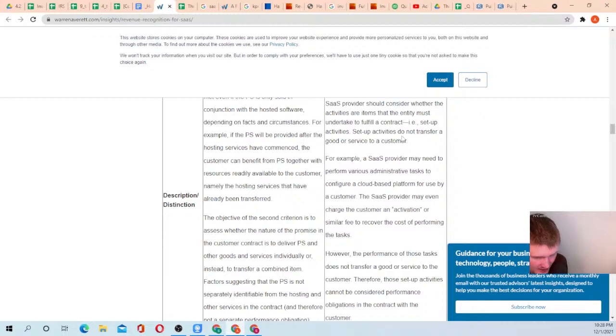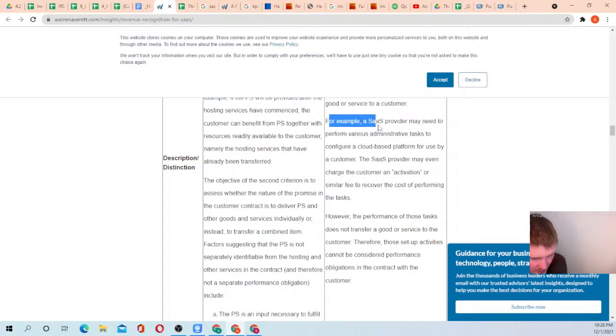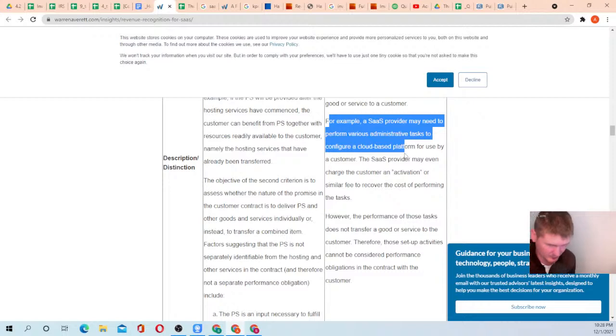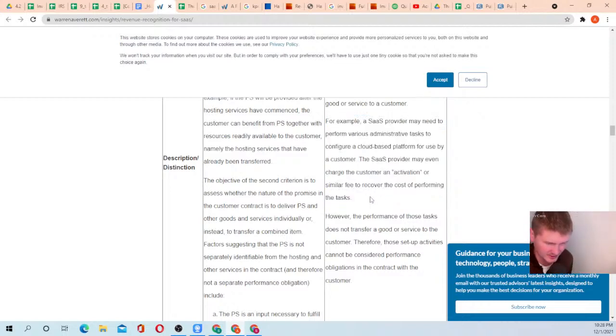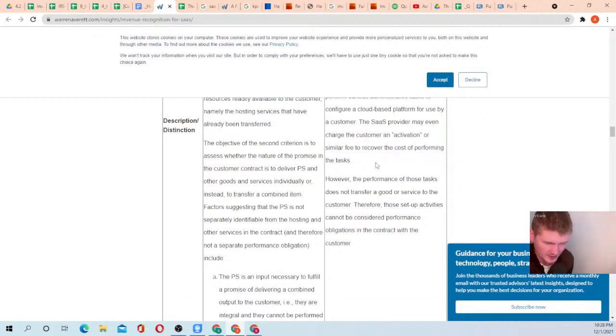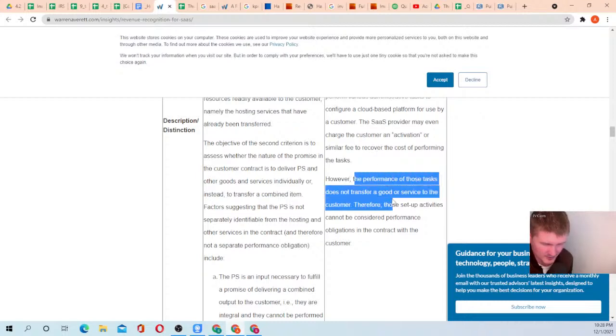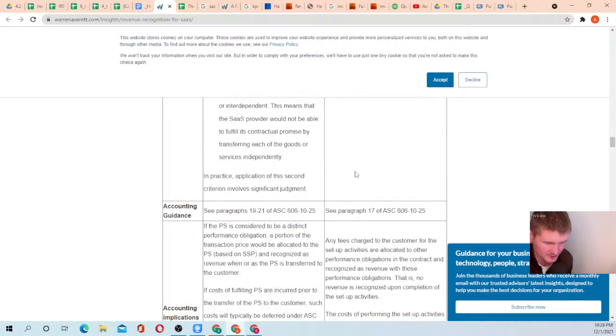Setup activities do not transfer a good or service to a customer. For example, a SaaS provider might need to perform various administrative tasks to configure a cloud-based platform for use by a customer. The SaaS provider might even charge the customer an activation or similar fee to recover the cost of performing the task. However, the performance of the task does not transfer a good or service to the customer. Therefore, setup activities cannot be considered performance obligations.